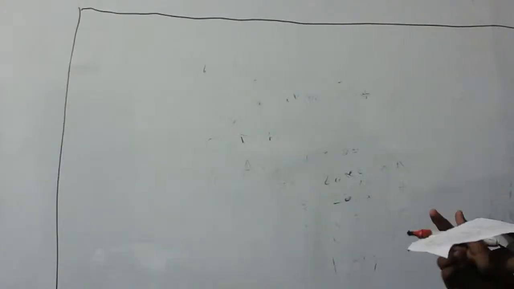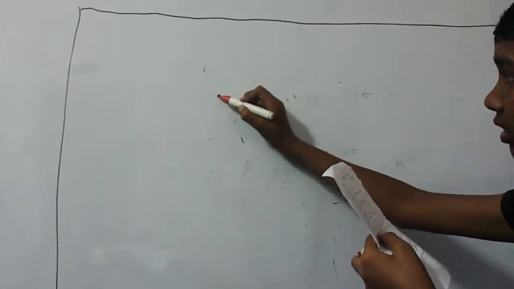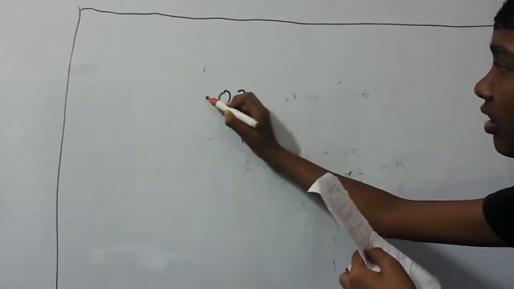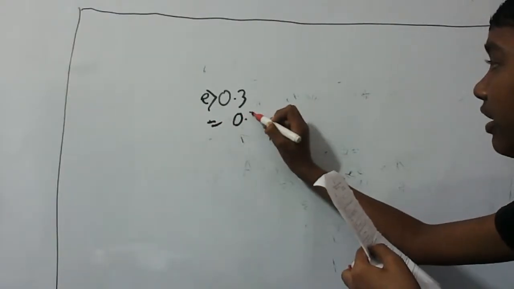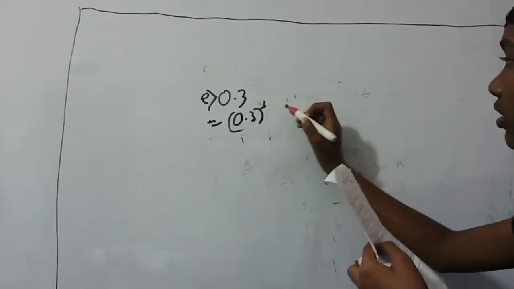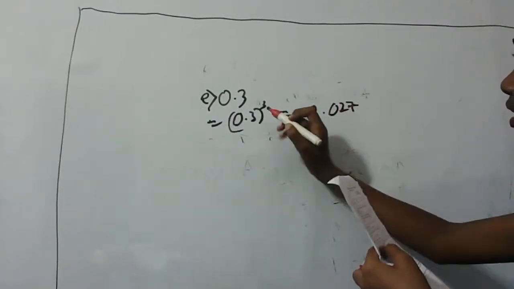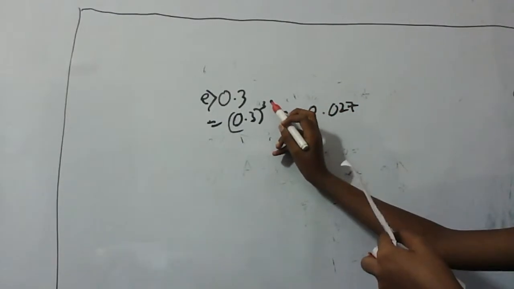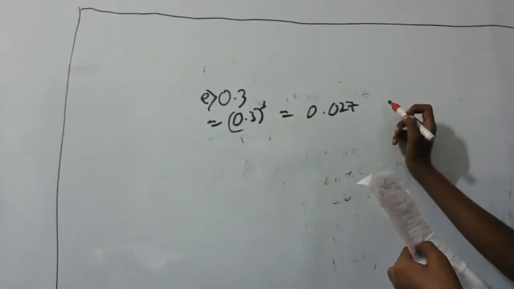Now, E. Which of the following is the cube of 0.3? So cube of 0.3 equals 0.027.